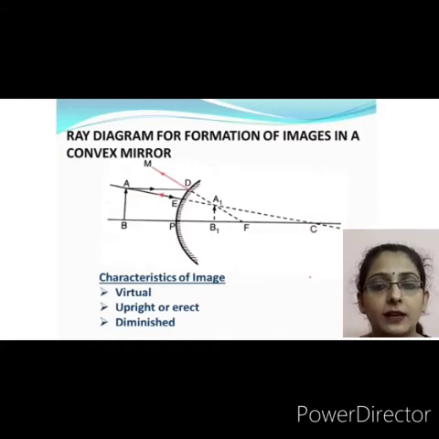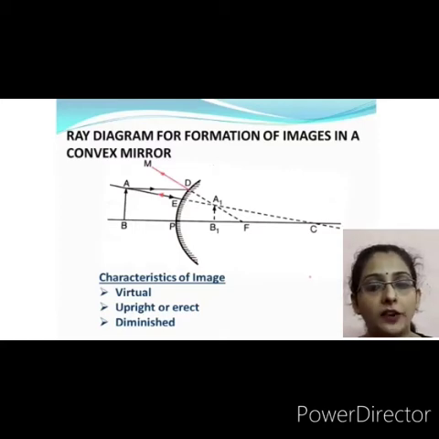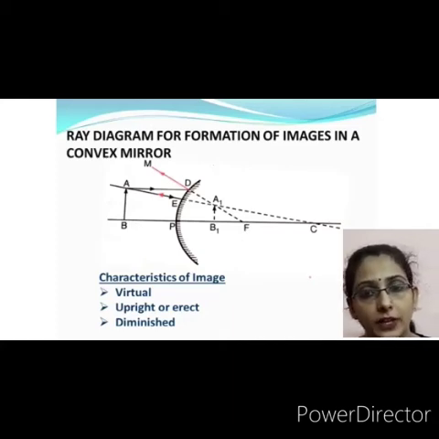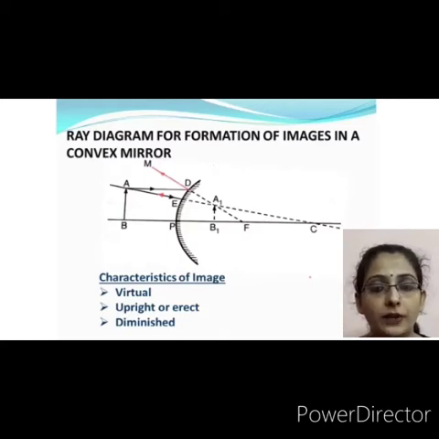Let us consider a light ray AD parallel to the principal axis, which after reflection takes the path DM and appears to diverge from the focus. Second ray AE is along the line joining the center of curvature of the mirror and is reflected on the same path.